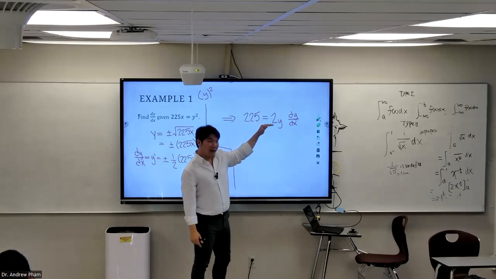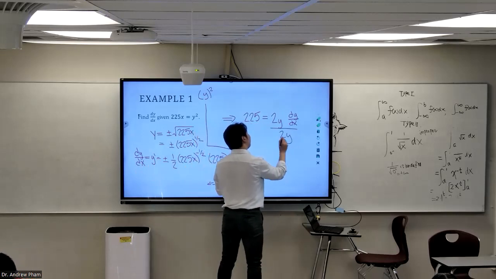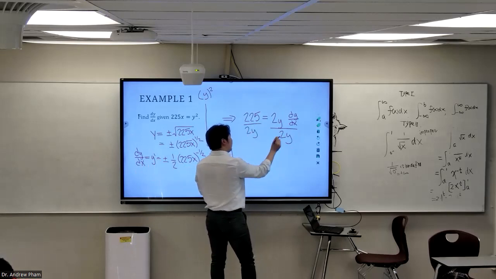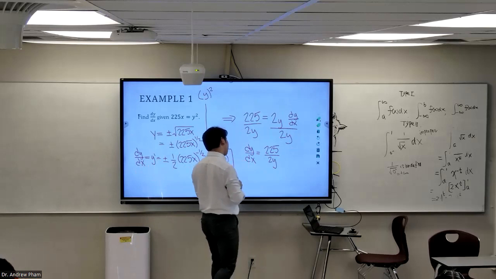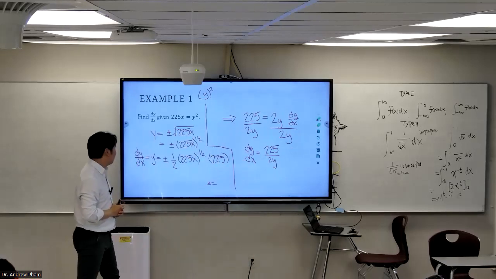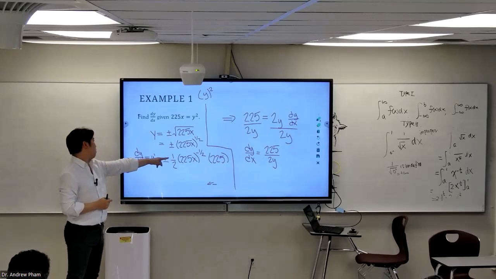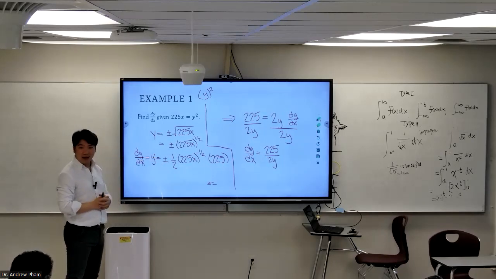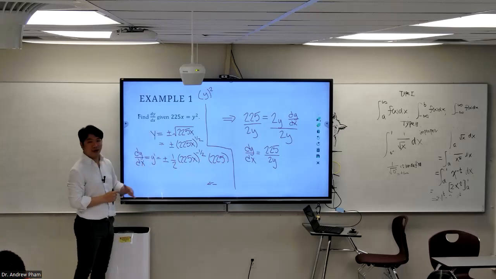I'm actually going to divide by 2y on the left and the right, giving me dy dx is equal to 225 over 2y. I claim that this is the same thing that I wrote on the left side, but why? Why is this the same thing as what I wrote over here?